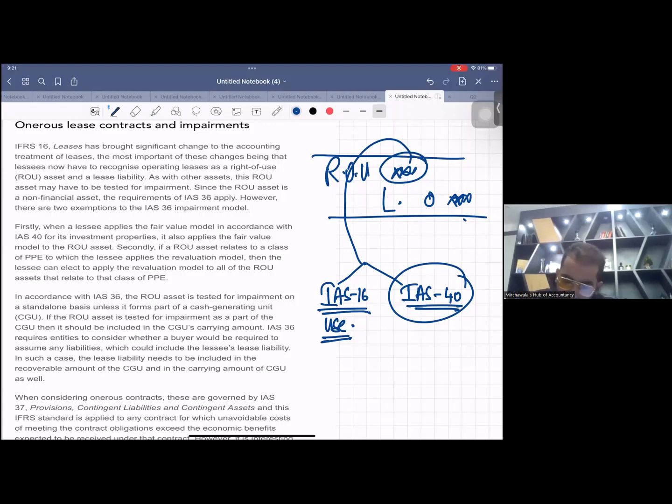In IAS 40, there are two models. One is the cost model, and the second is the fair value model. Strictly, we are discussing the asset side here.